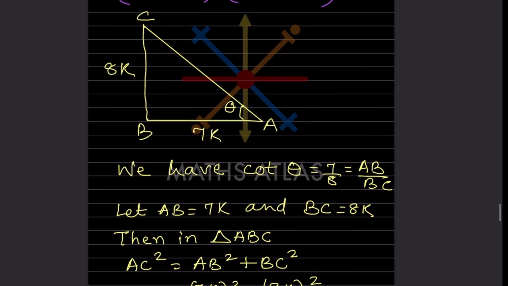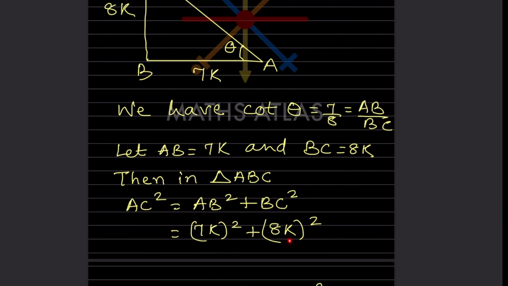So now in triangle ABC, this is the triangle given. You know the Pythagoras theorem, that the hypotenuse square is equal to the base square plus the height square, or the perpendicular side square. So AC square is AB square plus BC square. AB is 7k, so we take 7k square, and BC is 8k square.